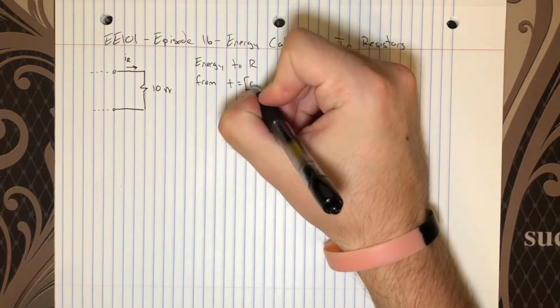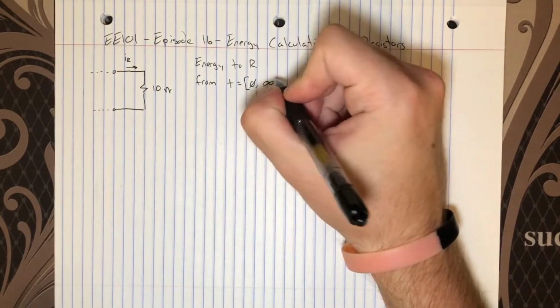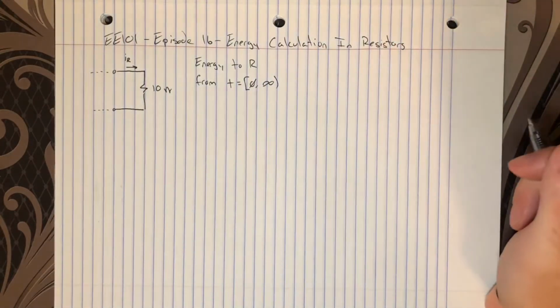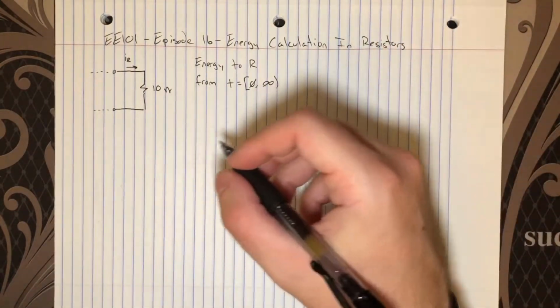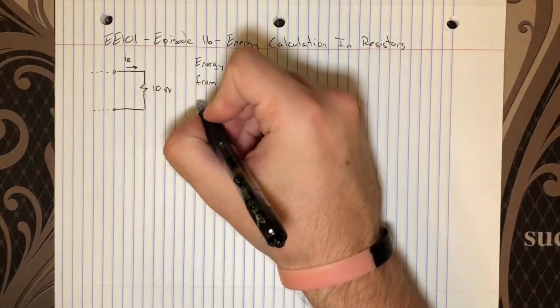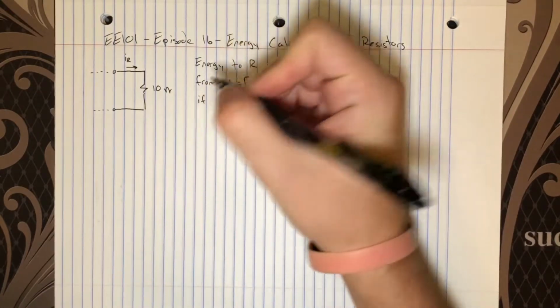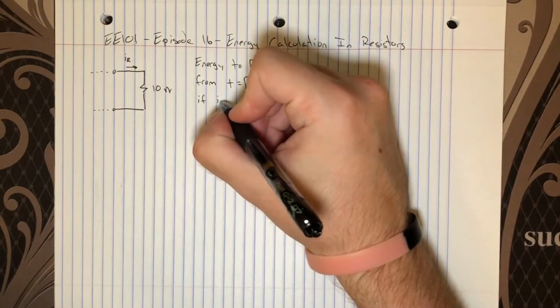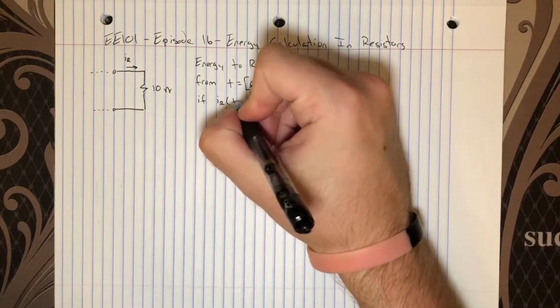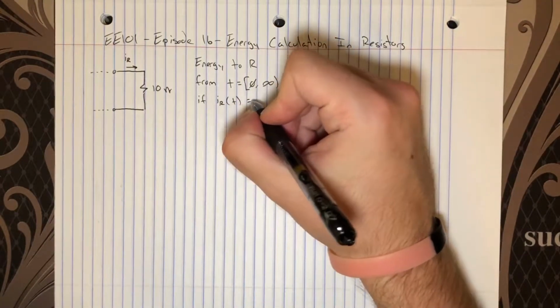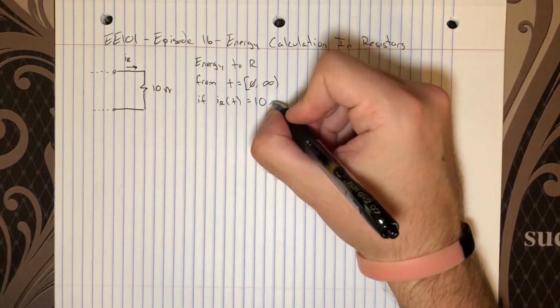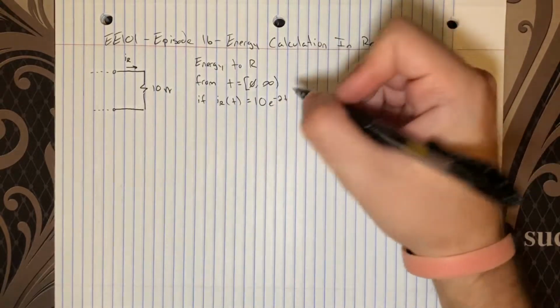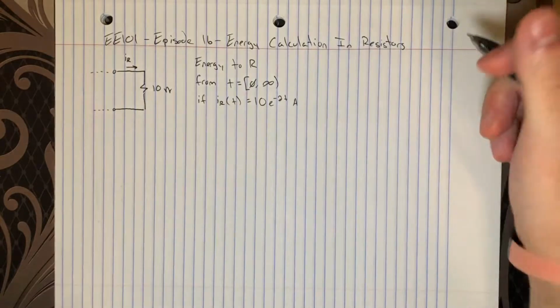So this time interval, 0 to infinity, like that. And we're going to give that we know I_R, the current in the resistor, is a function of time given by 10 e to the minus 2t amps.